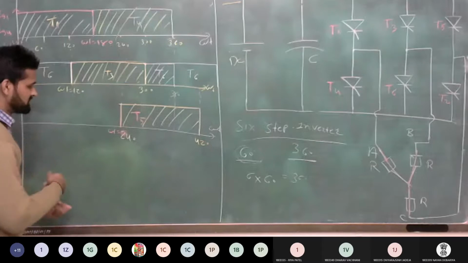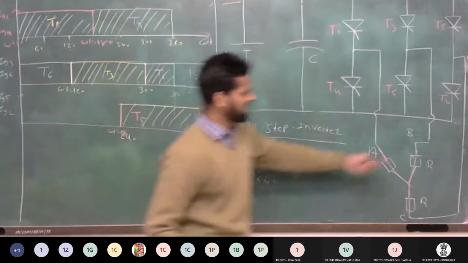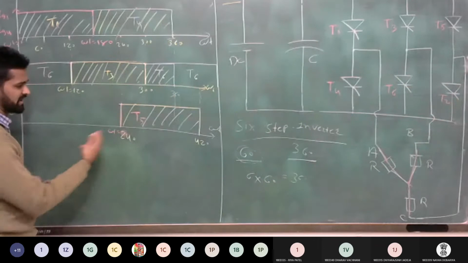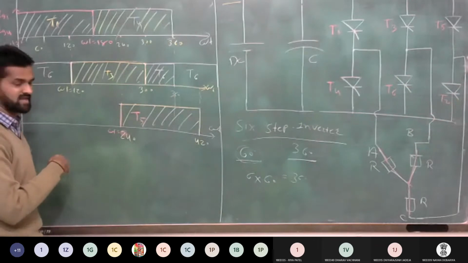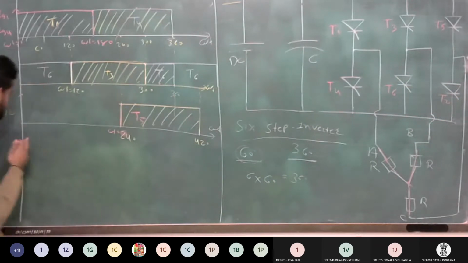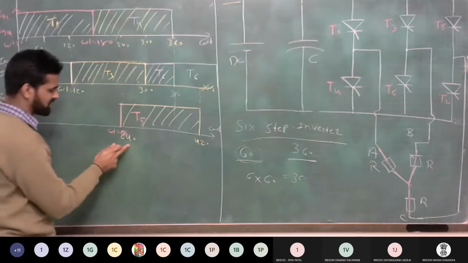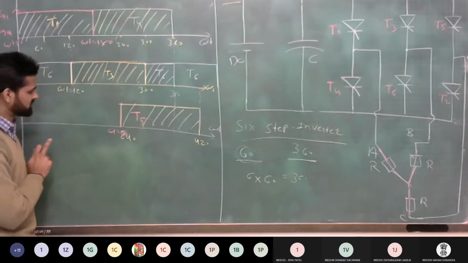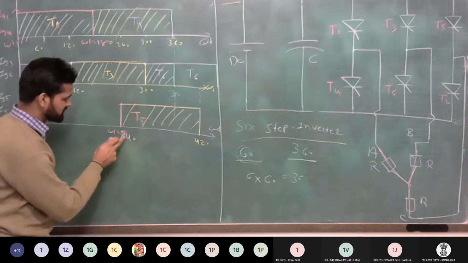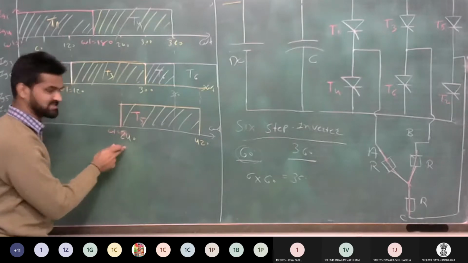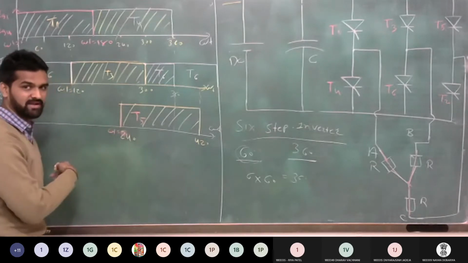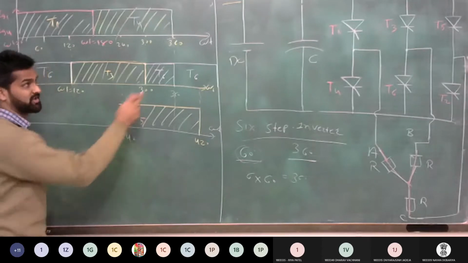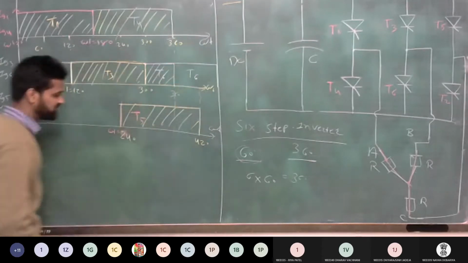So what is the conduction time of T2? It is exactly complementary to T5. Where T5 is off, at that time T2 will start conducting. You can see that from 0 to 240 we do not provide the gate pulse, so at angle 240 T5 starts, which means in the previous interval your T2 will conduct. Clear? How much duration? 180 degree duration.